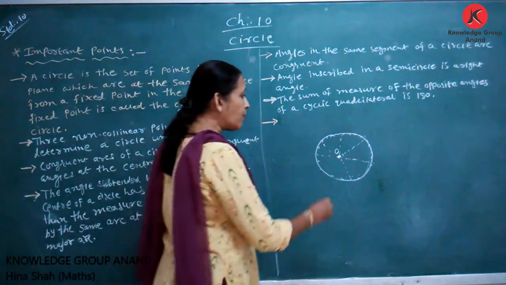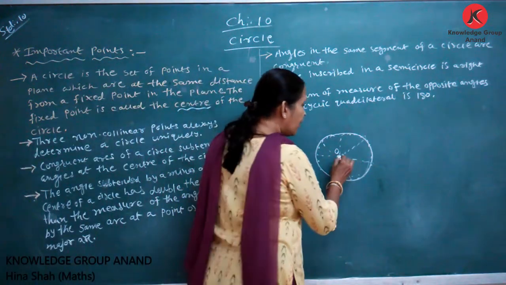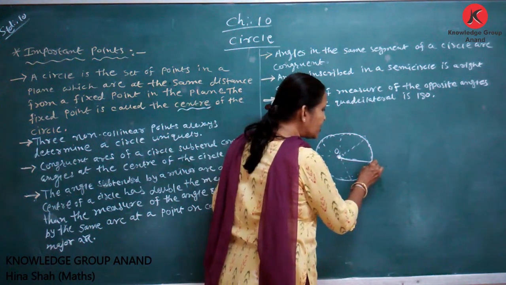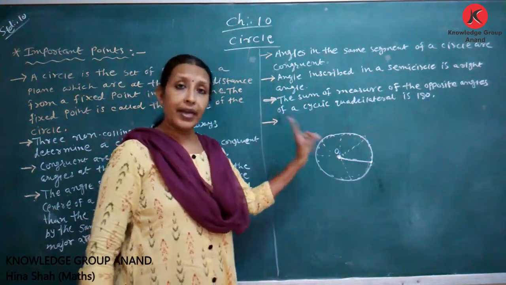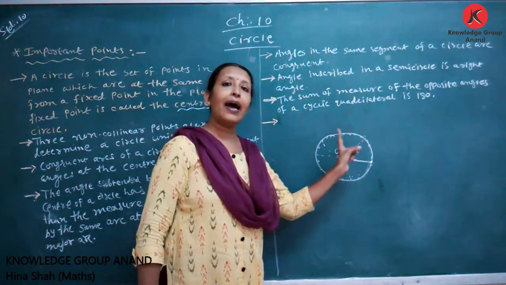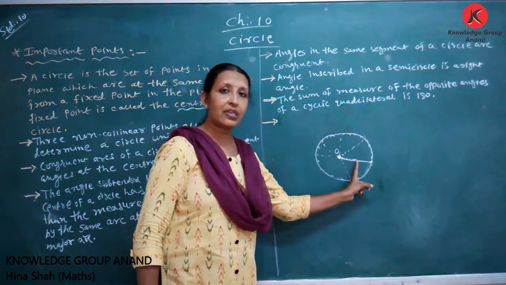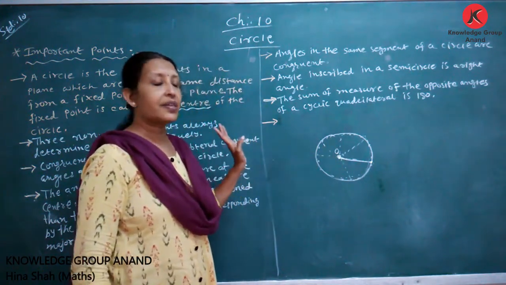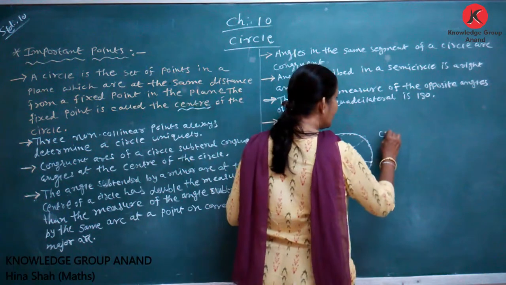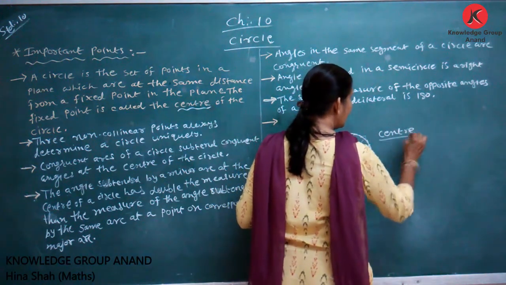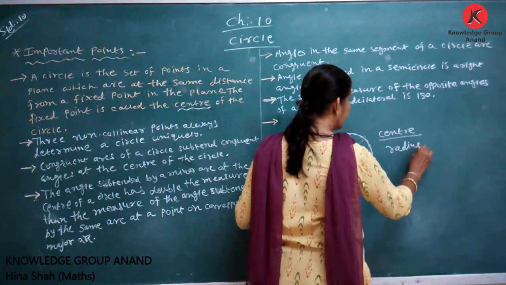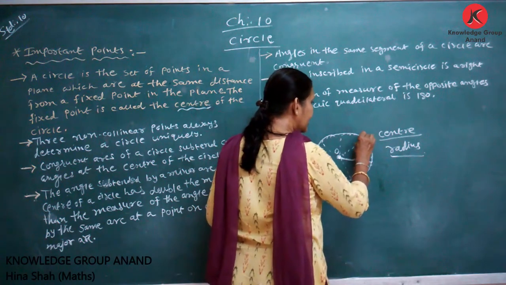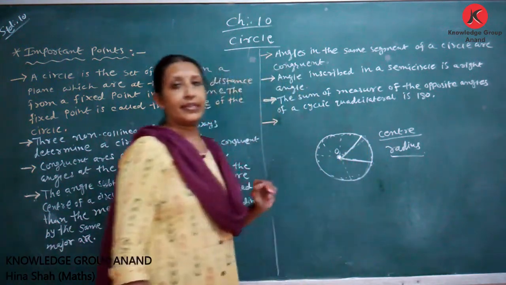Now radius. A line segment whose one endpoint is the center of the circle and other endpoint is on the circle is called radius.